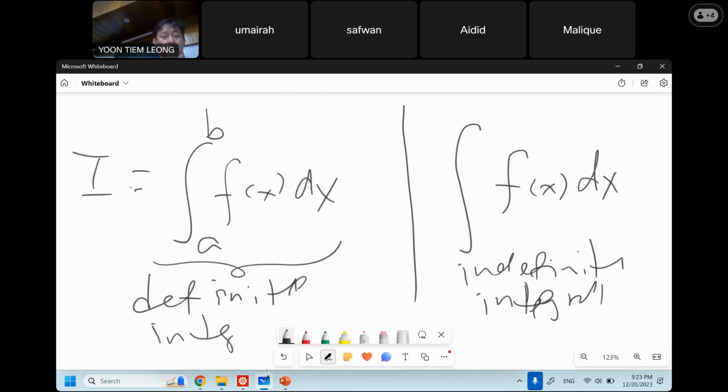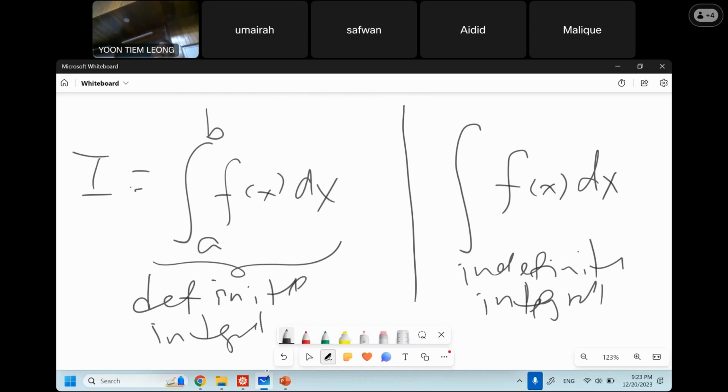So the indefinite integral and the definite integral look very similar. It's just like one has a limit and one has no limits, but otherwise it looks exactly the same. But these two are totally different things, right?